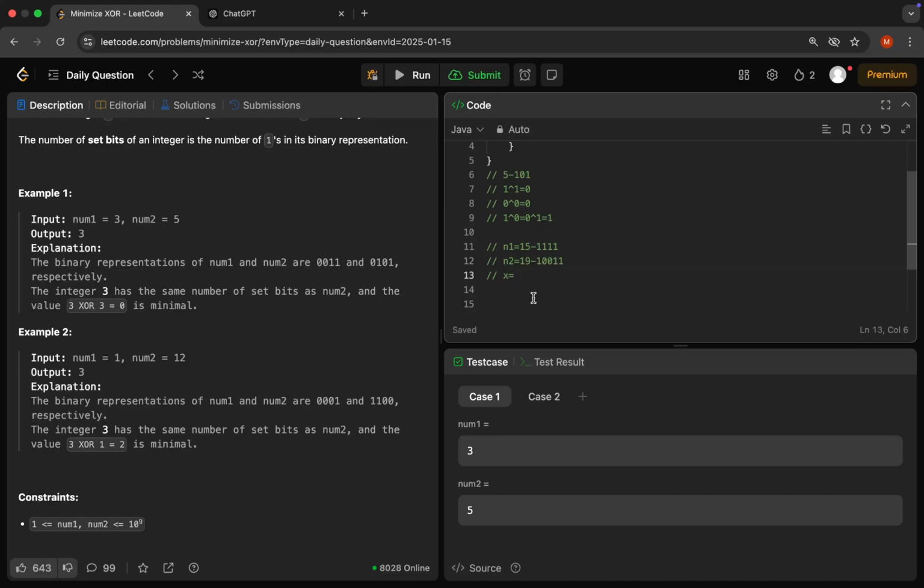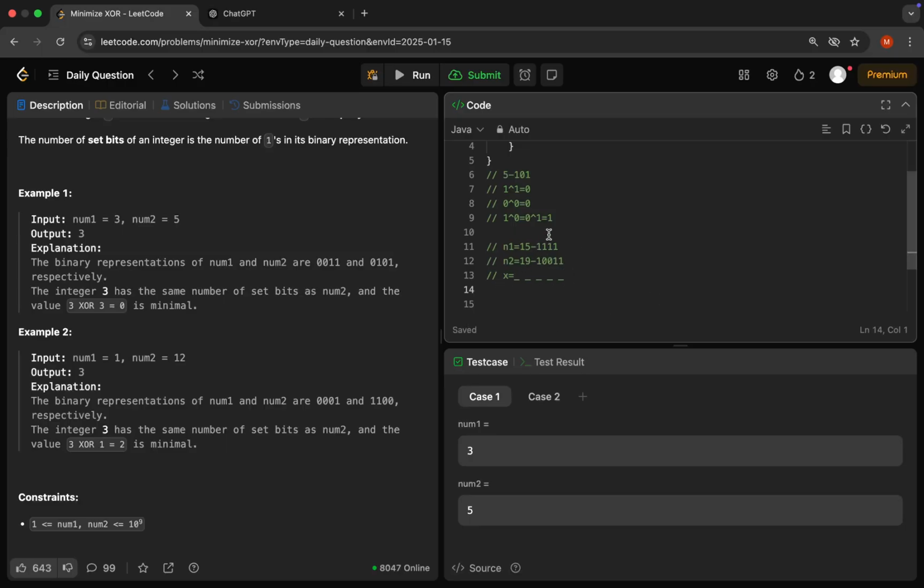XOR property says if 1 1 then 0, and 0 0 then 0, if 0 1 then 1. Okay, so if I put x, let's say x consists of 5 bits.